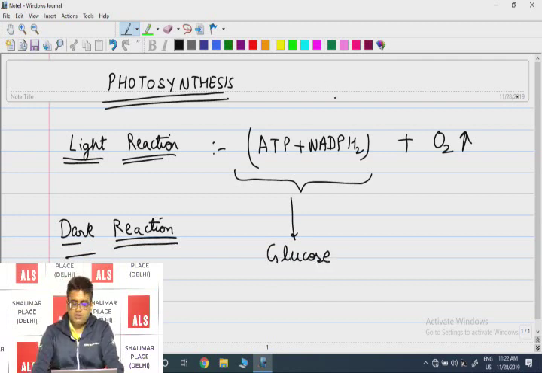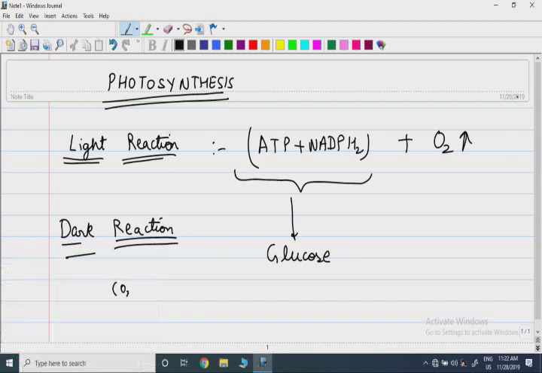And what are the steps involved in here? We have to take basically carbon dioxide, and there is a 5-carbon compound called RuBP. It combines with this carbon dioxide, it makes something, and this 6-carbon compound decomposes. So we get 2 into 3 molecules of phosphoglyceric acid.